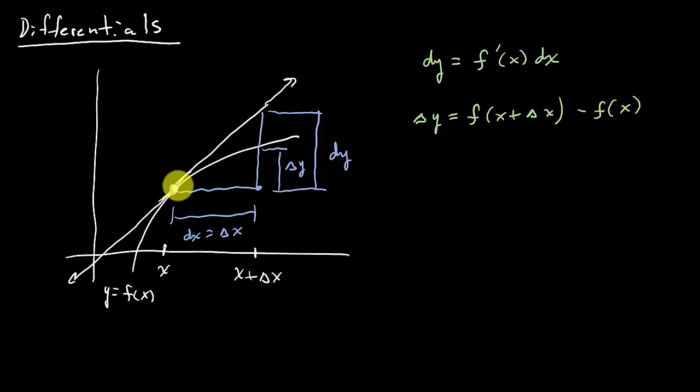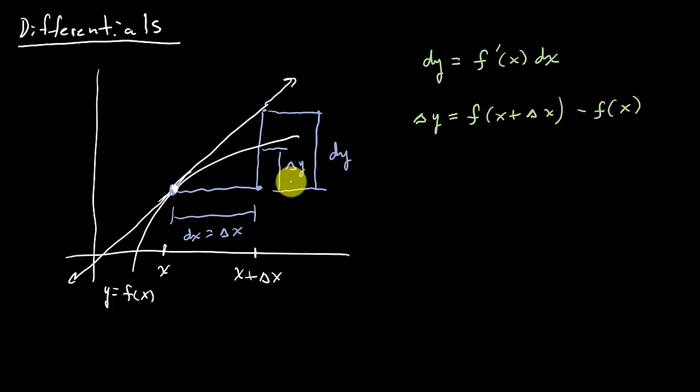If we go over on the x-axis, delta x, which is equal to dx, delta x units to the right, then this dimension from this point to this point on the tangent line, that's dy. So dy represents how the tangent line rises or falls, or the change in linearization.